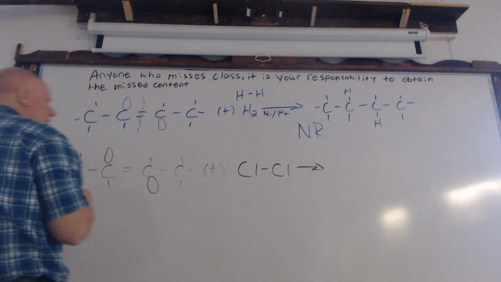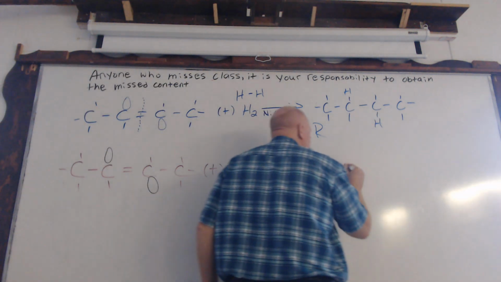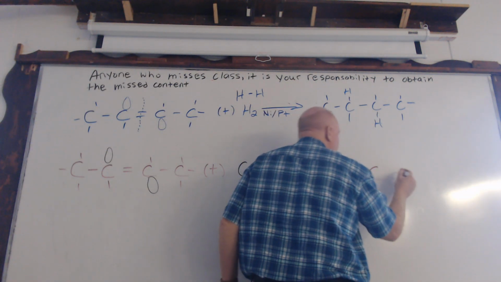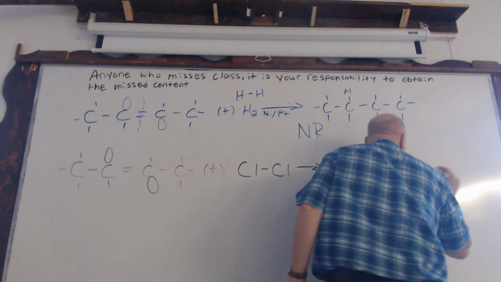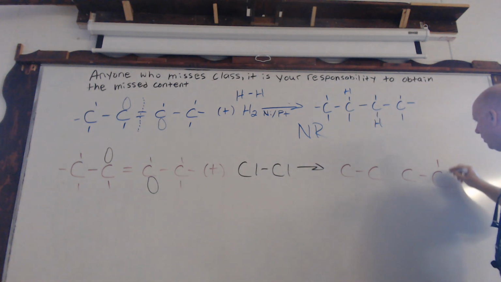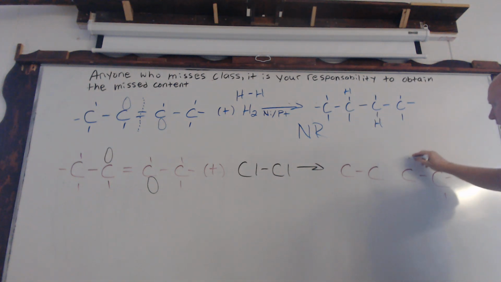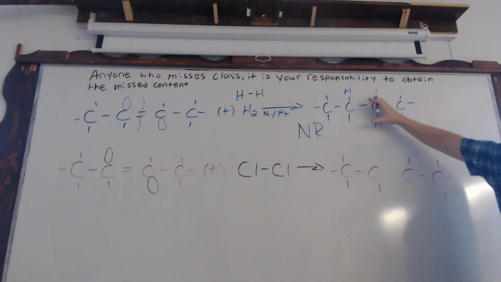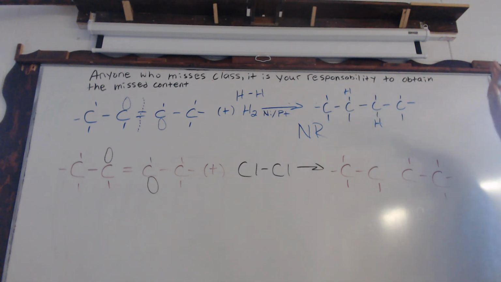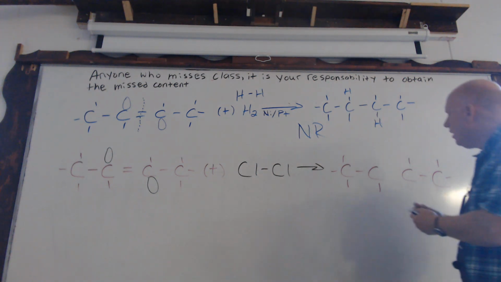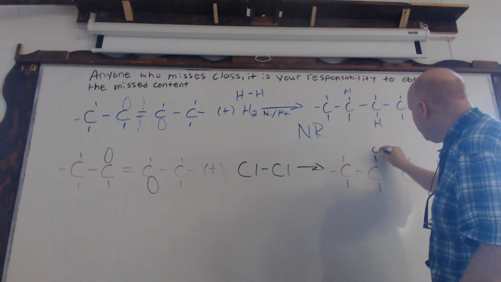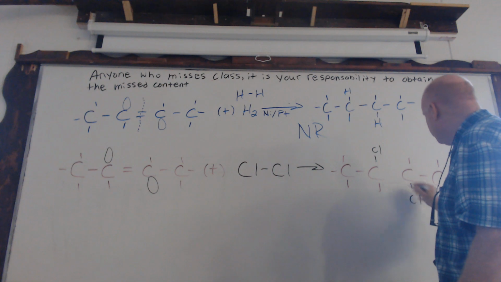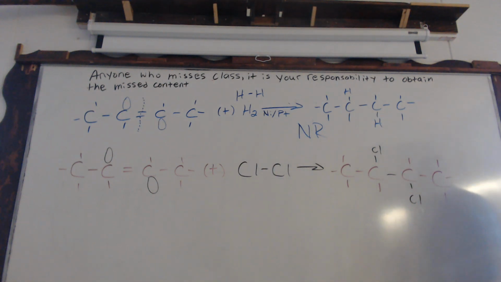And I think I had this color. Okay. All these atoms are still here. So it's going to be very similar to this, except we're not putting hydrogens on here. We're putting what instead? Right. So now you would have to write these on here because it's not just hydrogens attaching, it's chlorines.